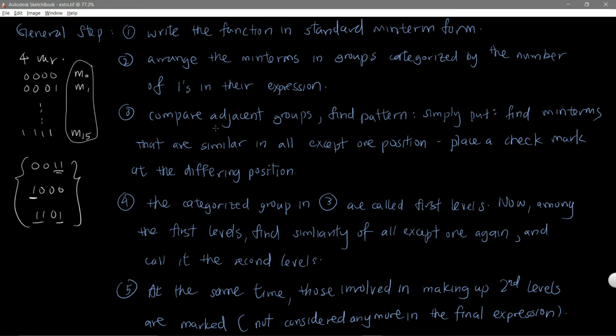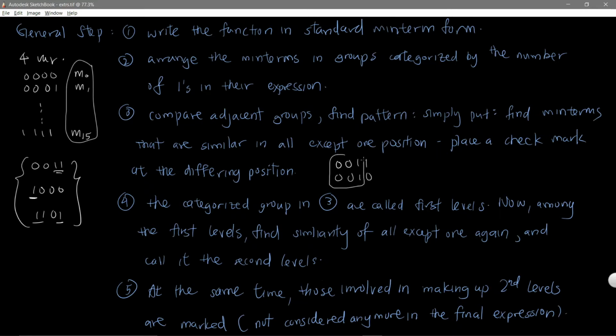And now you need to compare adjacent groups. You need to compare the categorized ones, and you need to find a pattern. The pattern is you find the terms with all similar position values except for one single position. Let's say you have this, and then you have this.